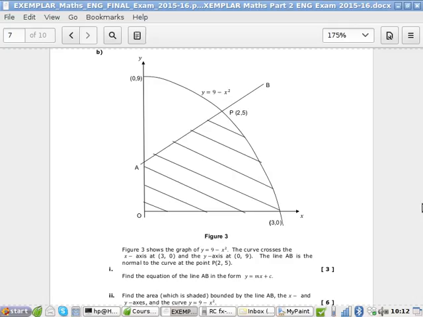X is 2. Yes, you got the line. What did you get? Y equals a quarter x plus... Looks believable. I expected C to be less than 5, which it is.